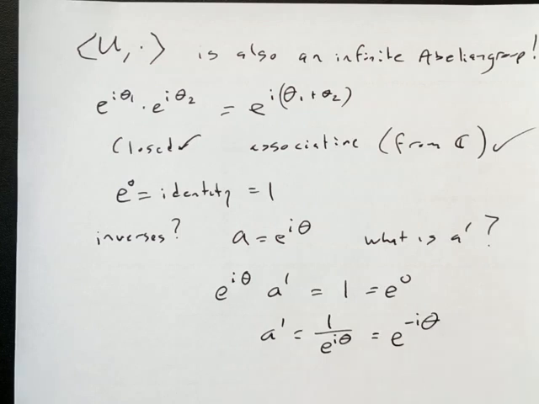And if I'm adding angles, doesn't it make sense that the inverse should subtract the angle? It works. Now, this is an infinite group. It also happens to be an uncountably infinite group, because you could have any angle, right? Between 0 and 2 pi.